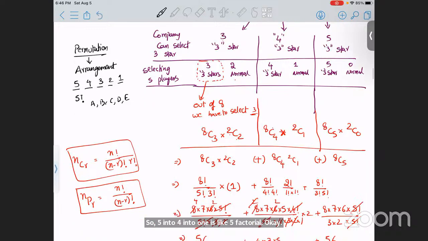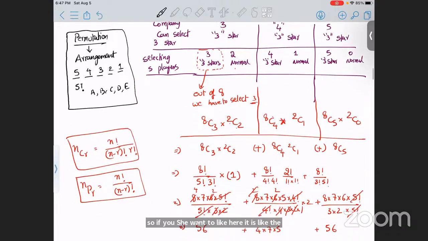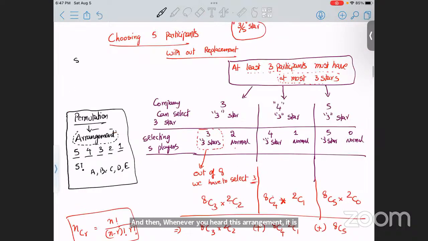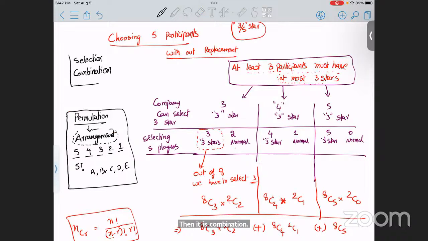So here it is permutation. Whenever you hear arrangement, it is permutation. Whenever you hear selection, then it is combination. Okay. Is it clear? Yes, sir, clear, sir.